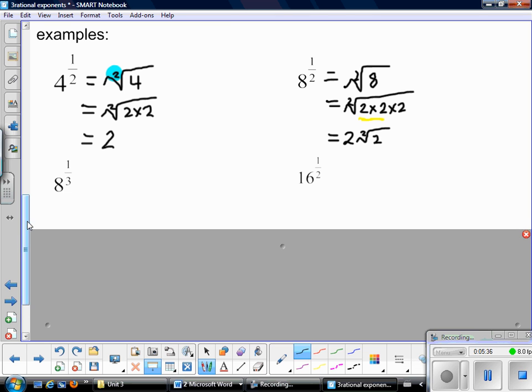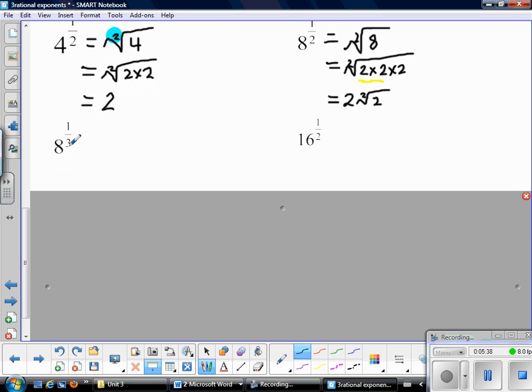And if we keep on going, now let's look at 8 to the power of 1/3. So the third root or the cubed root. So again, what I can do is I can put the 3 here, and that would be 2 times 2 times 2. So the same as the previous question. But the difference here is this 3 tells me I need 3 identical things to come out.